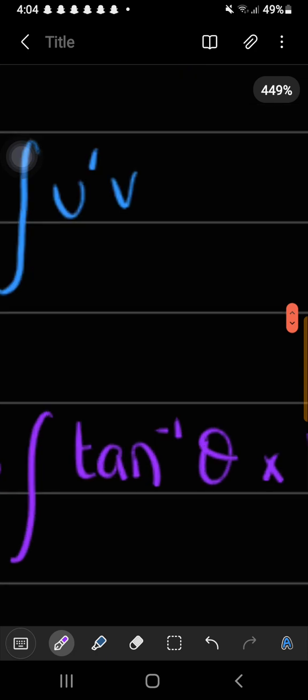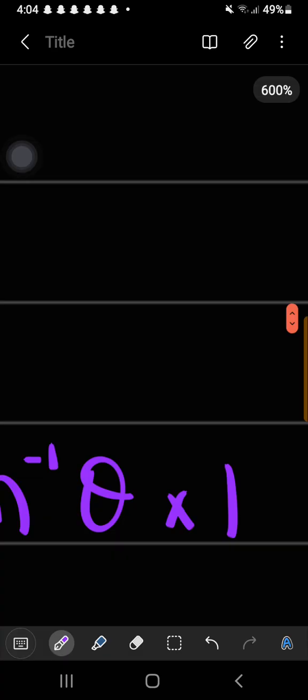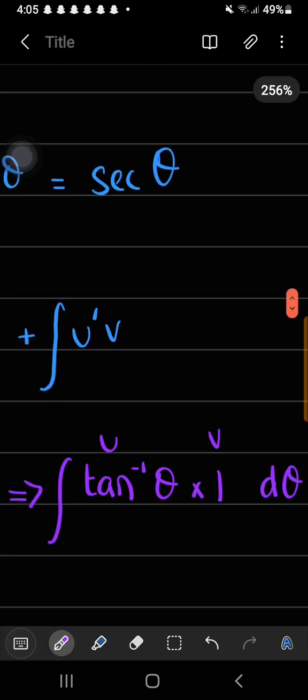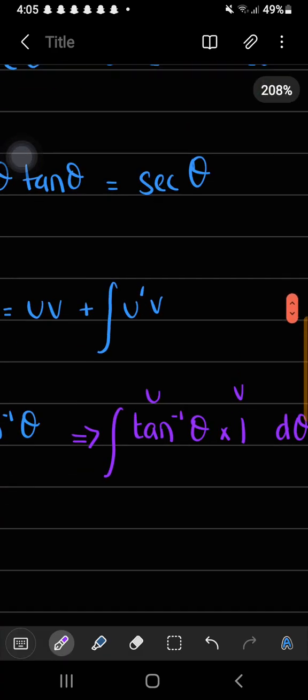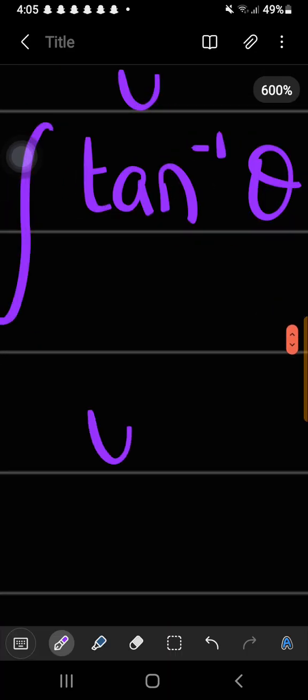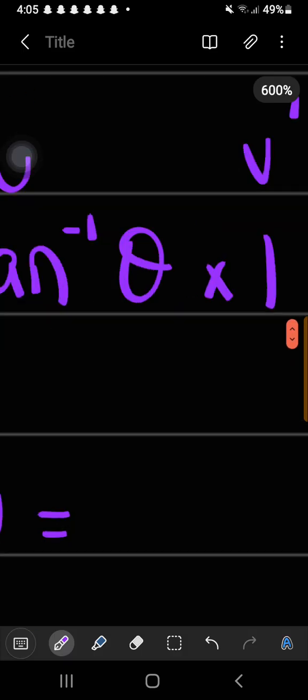The inverse function will be u and this will be v prime.